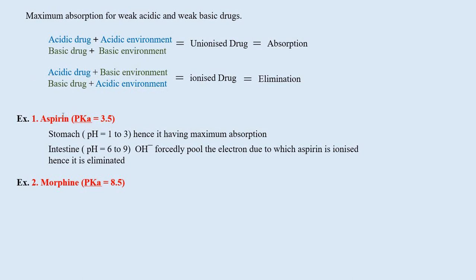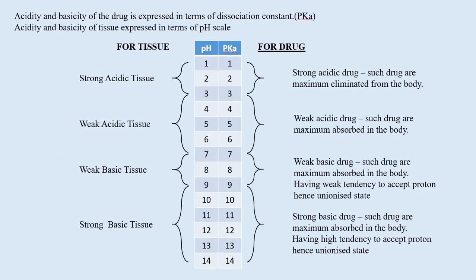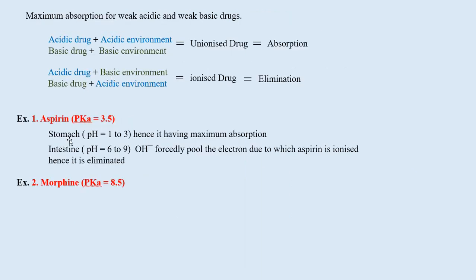Because this drug is acidic, if it gets an acidic environment, it remains in the unionized form and is easily absorbed. So which tissues have acidic pH? See here, pH 1 to 3 are strong acidic tissues, like the stomach. The stomach has a pH of 1 to 3.